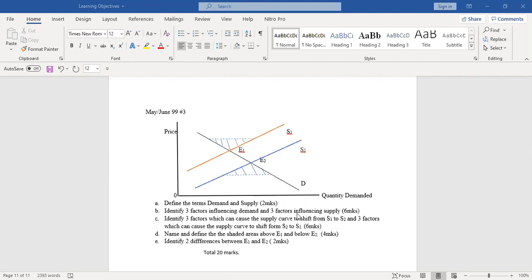Wait, so we just had to write a list on it? Yeah, what does the question say? Identify 3 factors influencing demand and 3 factors influencing supply. 6 marks, 3 marks each. And I told you in class, identify means to list out. If they tell you explain, expand, describe and so on, then you go into lengthy discussions.